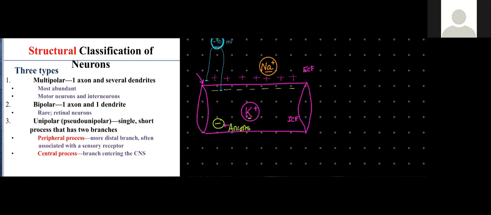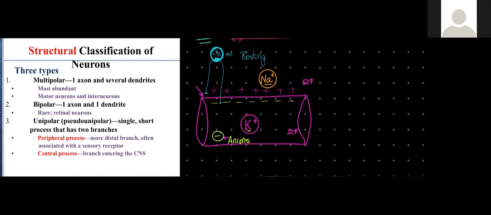So inside is more negatively charged, and the electrical polarity on here during rest. So here we're looking at resting conditions. So during rest, inside is more negatively charged than the outside by a value of 70 millivolts.